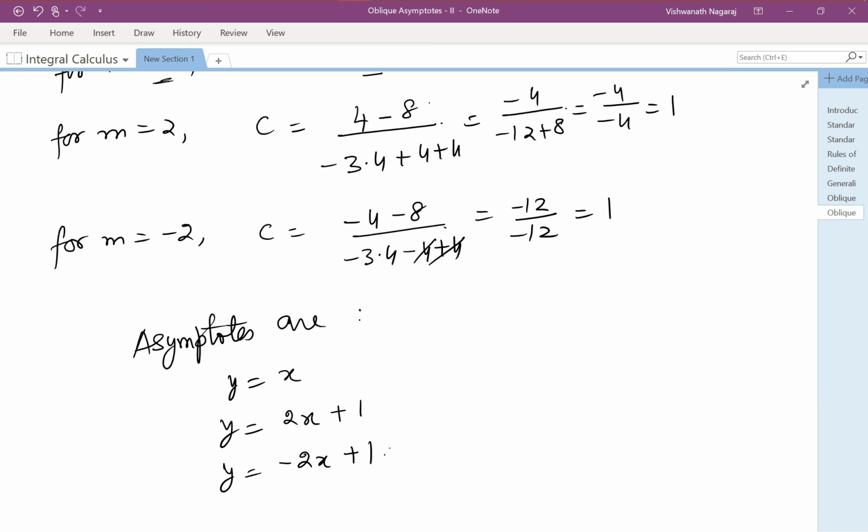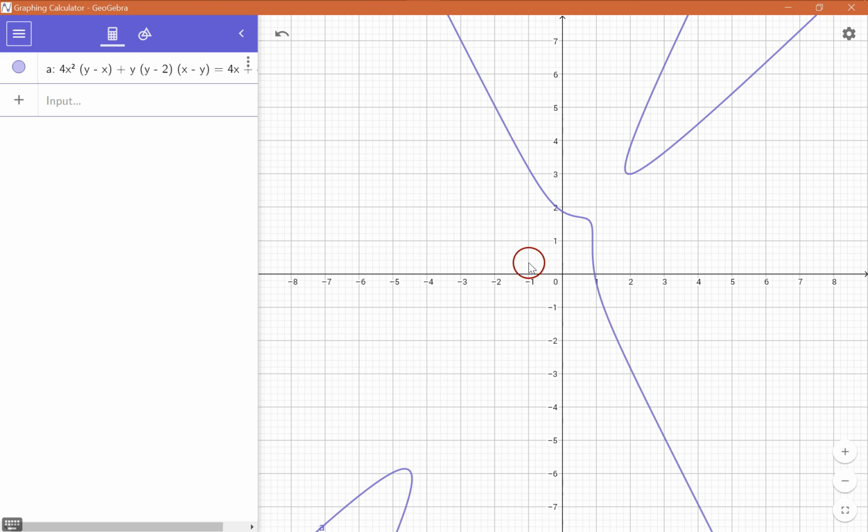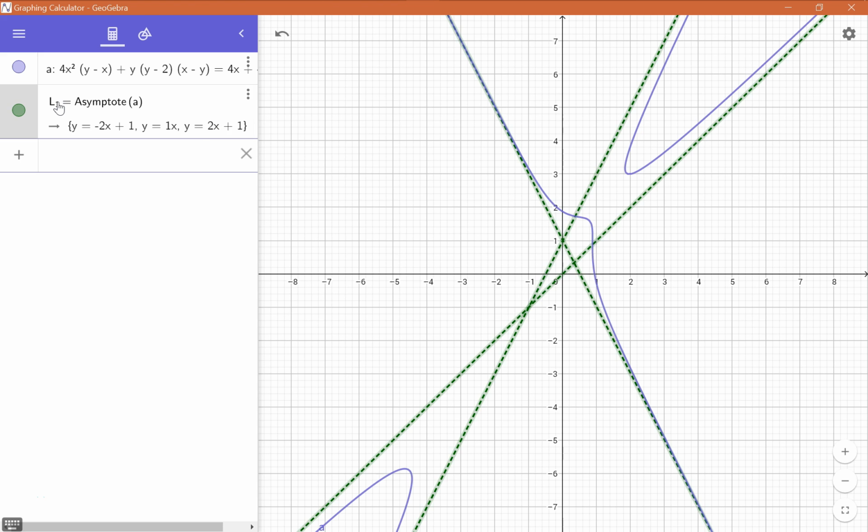Now let's look at it in GeoGebra. This is the graph of our equation. Okay, let's ask it to display the asymptotes of A. So here you have 1, 2, 3 oblique asymptotes. Let's specify our own equations that we had arrived at. y is equal to x, exactly on top of each other.